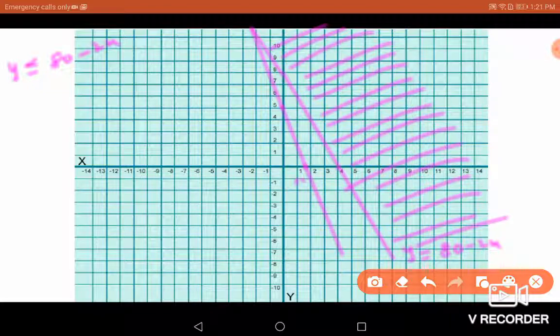This line you can call the second constraint, which is y is equal to 50 minus 3x. So the second constraint is y is less than or equal to 50 minus 3x. The area below is what we are looking for.